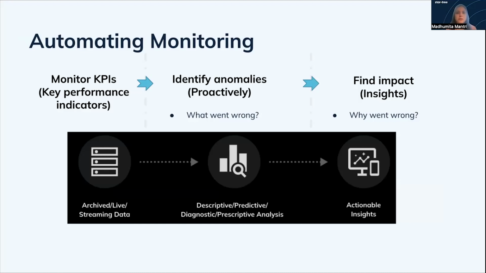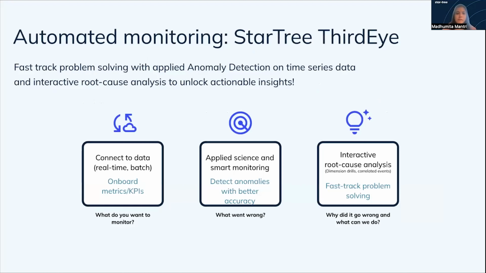And when you get notified, you try to see what's going wrong. So what we should automate is monitoring the KPIs that you're trying to monitor and identifying the anomaly. You don't have to manually identify those anomalies, but the system identifies them for you, and also provides the necessary insights so you can take corrective action and understand the impact.